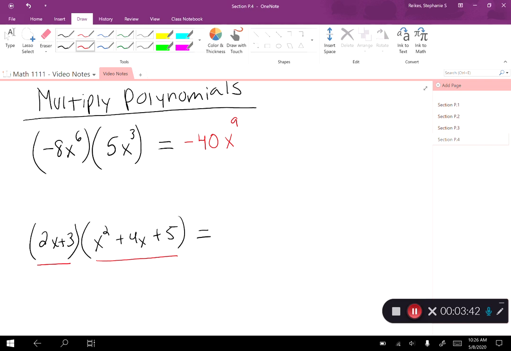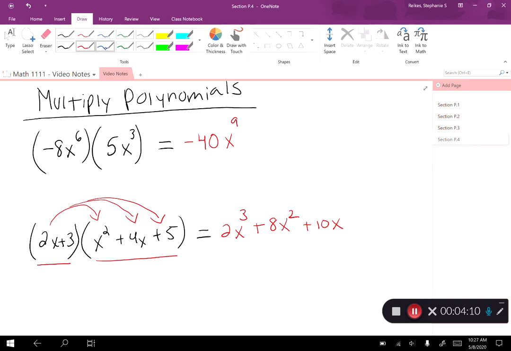So I'm going to start with the 2x, and I'm going to distribute that to all 3 terms on the trinomial. And I'm going to multiply. So 2x times x squared, that is going to be 2x cubed. 2x times 4x, that is positive 8x squared. And 2x times 5 is 10x.